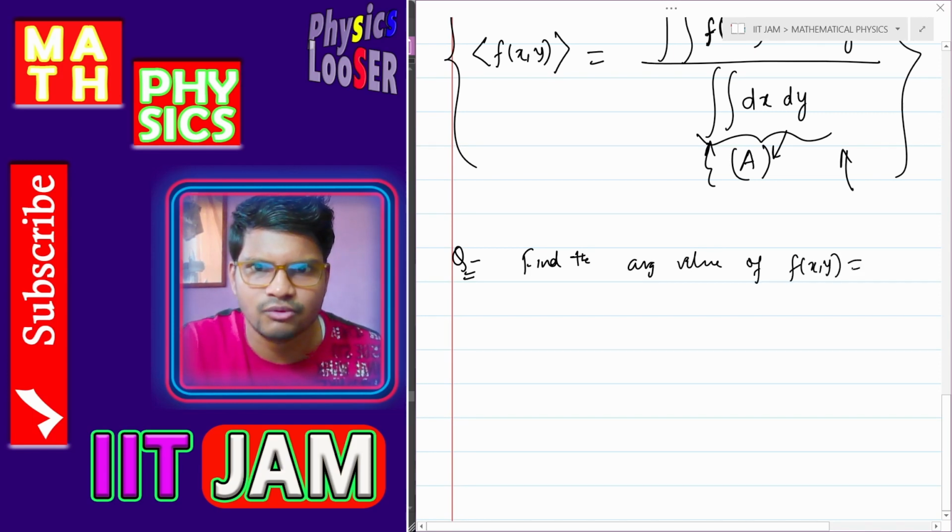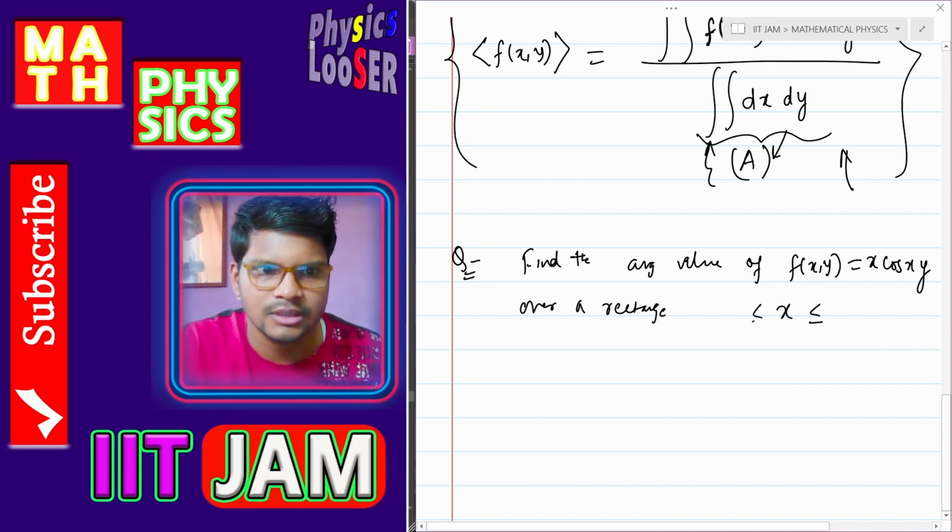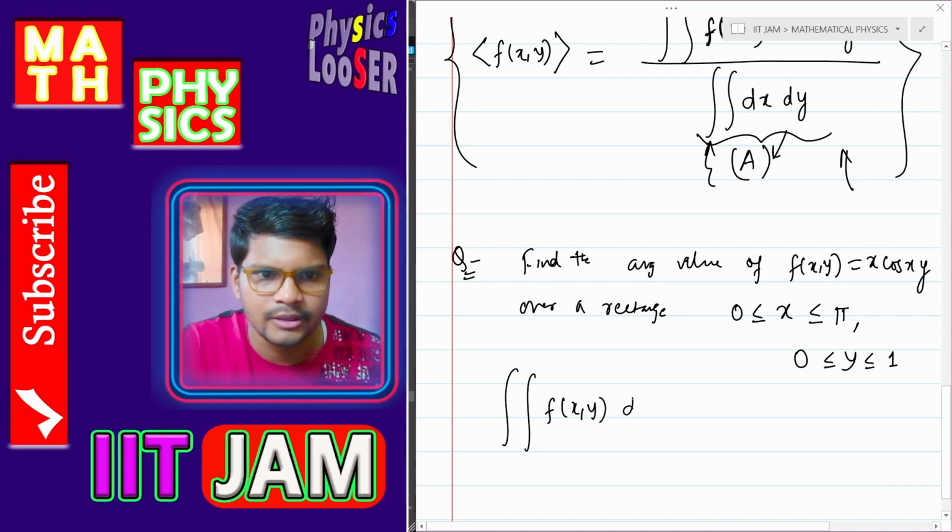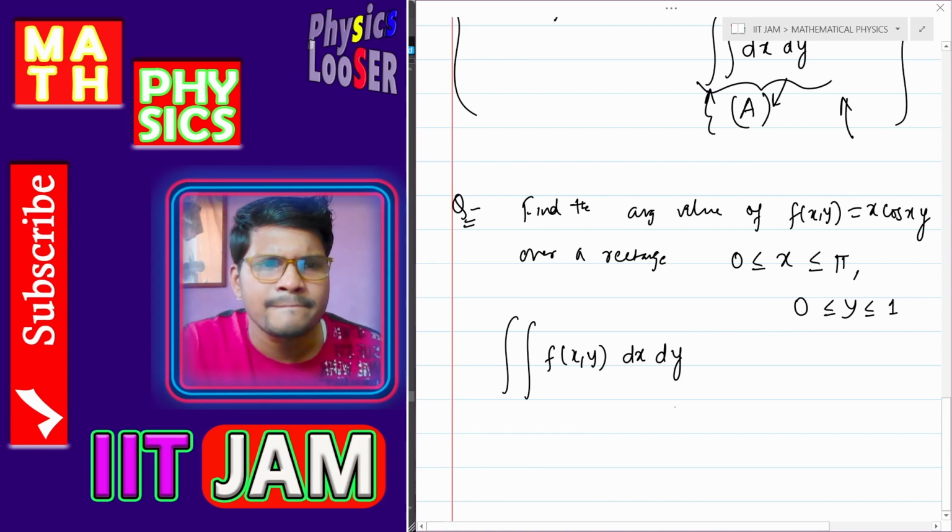Let us say f of x, y is x cos of xy over a rectangle whose x is given by 0 to pi, and y is given by 0 to 1. Okay, so I can simply say that I first try to find the integral of f of x, y dx or dy, whatever you can assume.